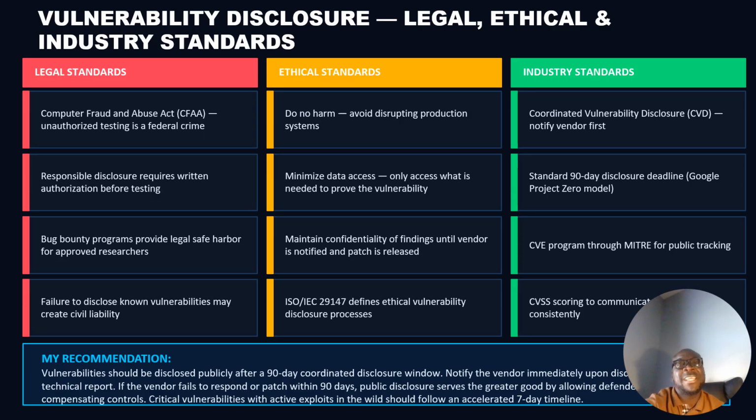My recommendation is this: disclose to the vendors immediately. Give them 90 days to patch, and then publish publicly regardless of whether a fix is available, because defenders need that information to protect their systems. For actively exploited vulnerabilities, a 7-day emergency timeline is appropriate.